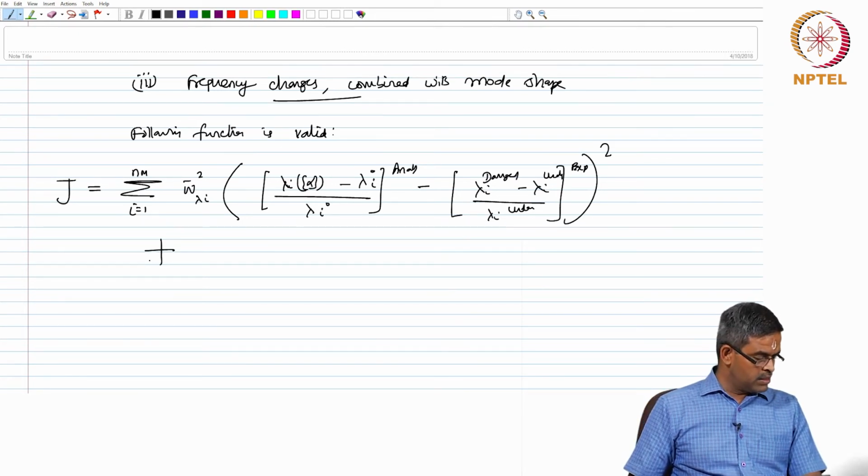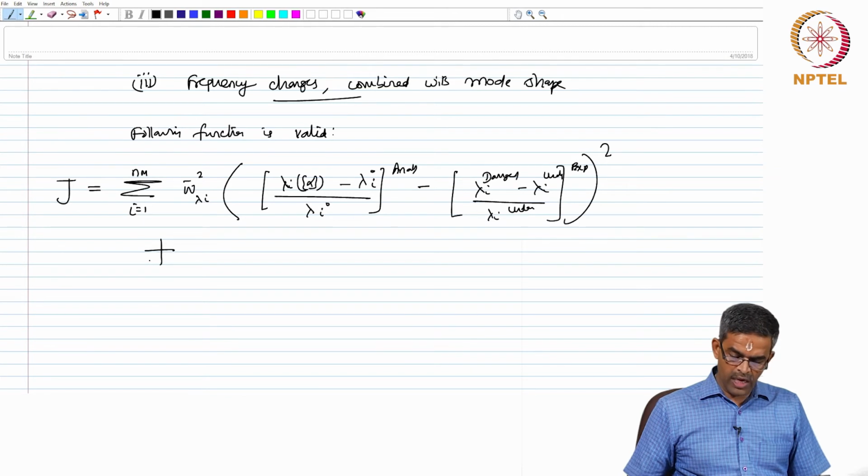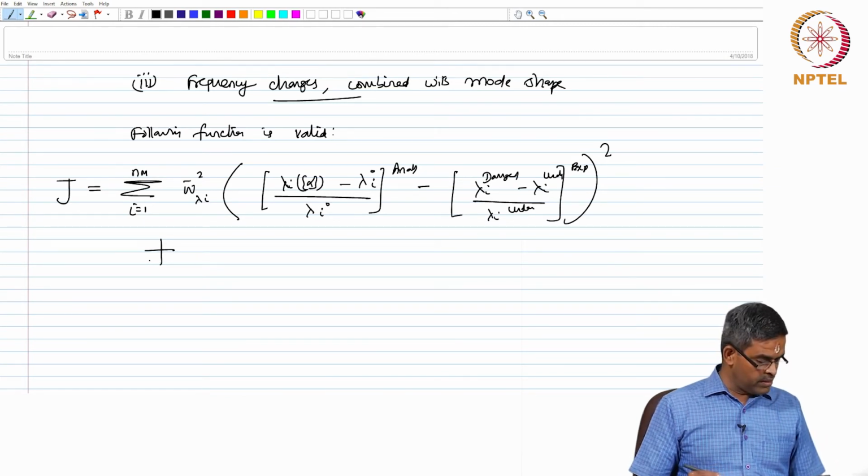The second is from the change of mode shapes. This is the frequency change.